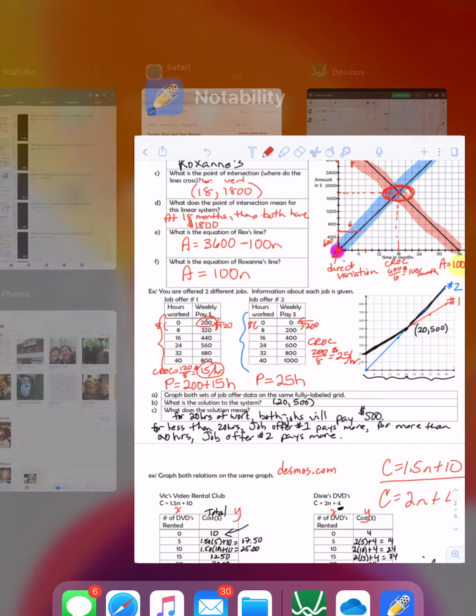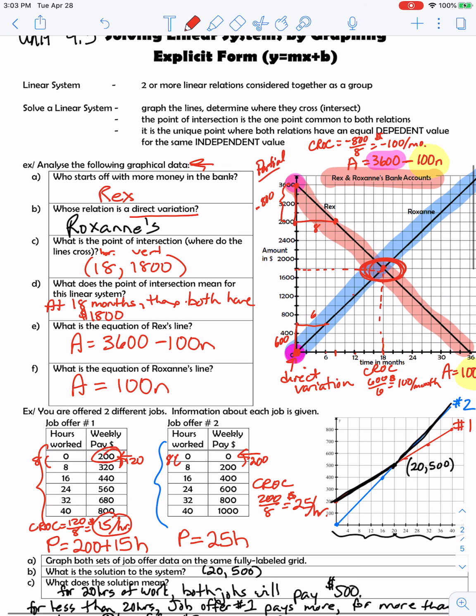Now let's just take a look at the very first one again. Remember, we already calculated what these two equations are. We figured them out right here. So A equals 3,600 minus 100N, and A equals 100N.